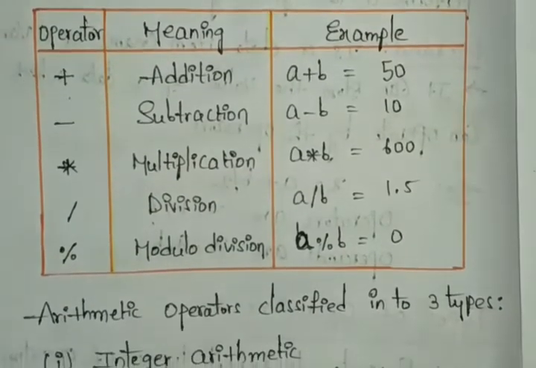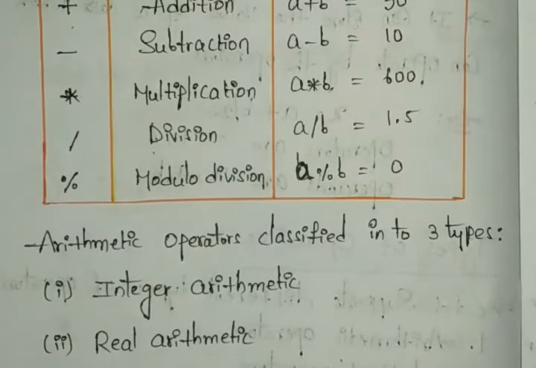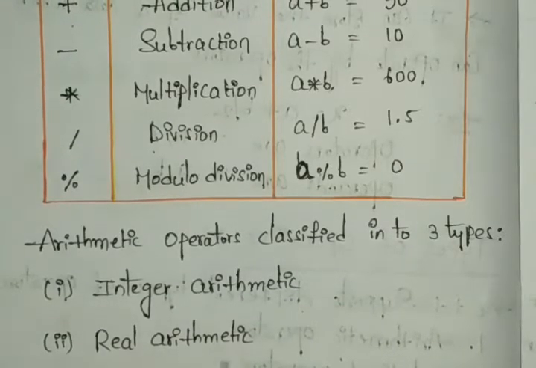Here we have 3 types of arithmetic operations: integer arithmetic, real arithmetic, and mixed mode arithmetic.